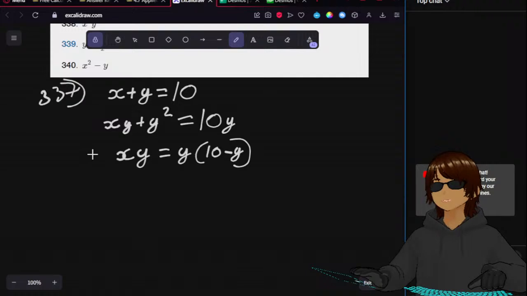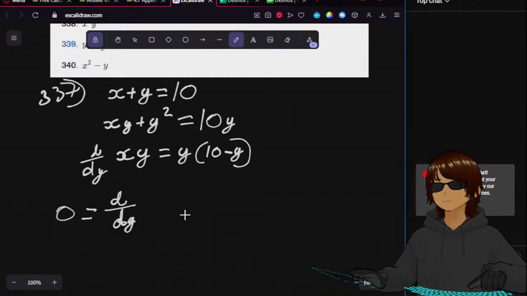If I derivate this with respect to y, what happens then? If I derivate y and the derivative is 0.